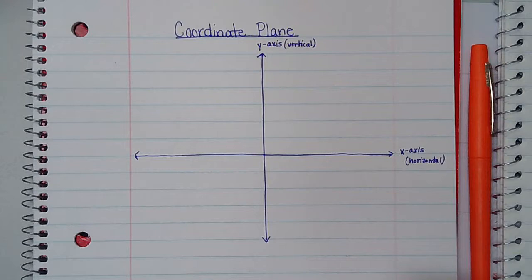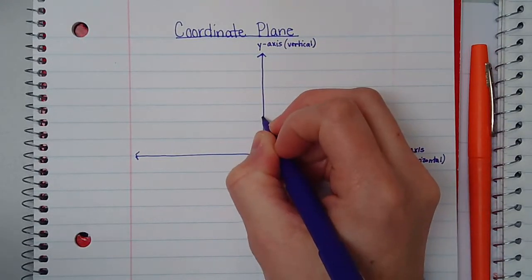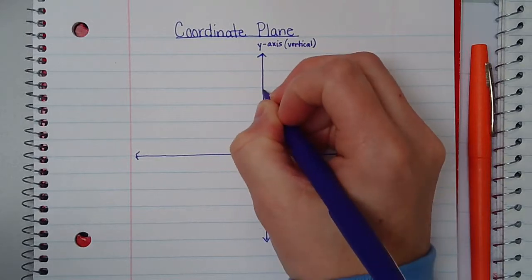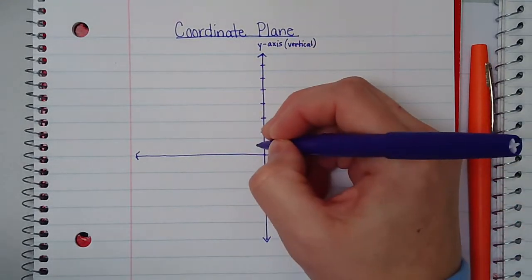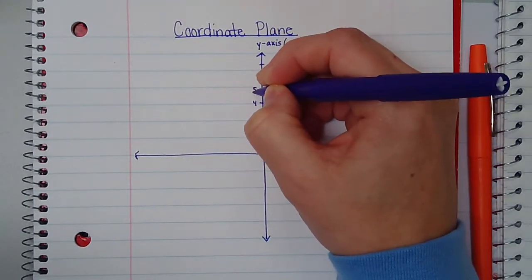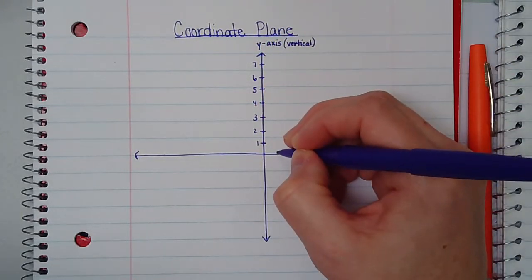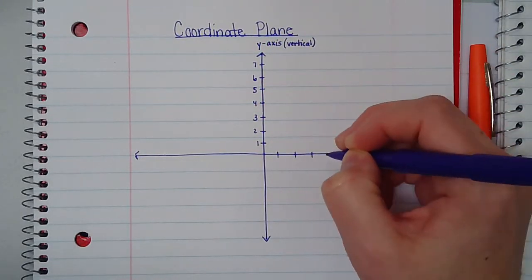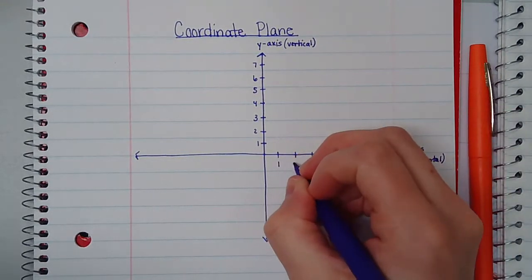All right, and then we just can number our axes. Doesn't have to be perfect. All right, so let's see. 1, 2, 3, 4, 5, 6, 7. All right, then we'll go this way. Same thing here.